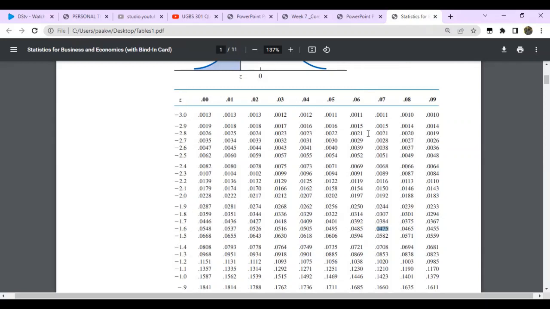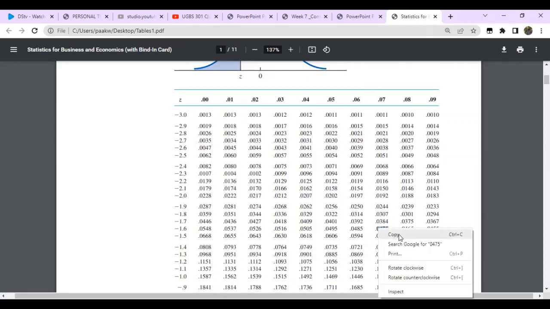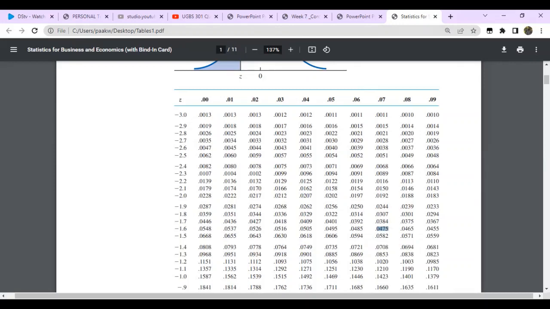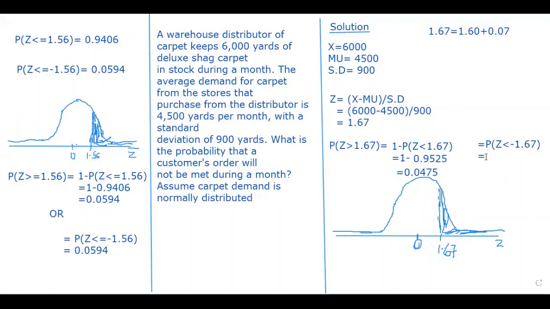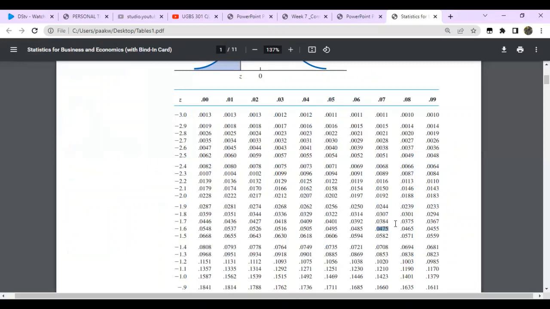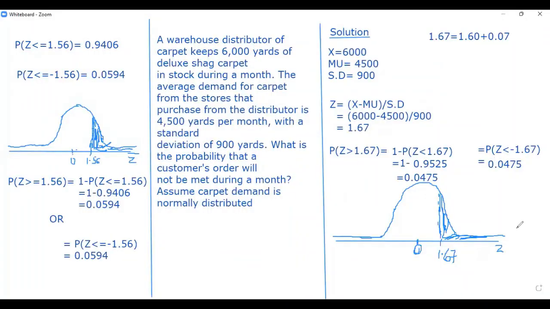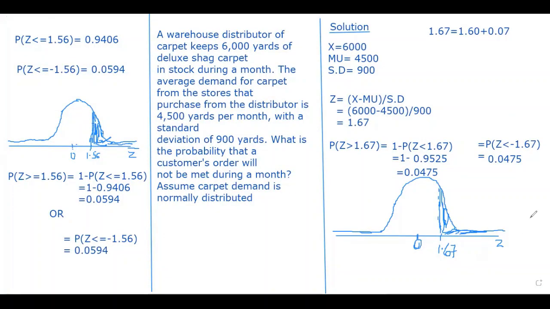So negative 1.6, 0.07 is this one: 0.0475. Is it not the same? Yes, it's the same.